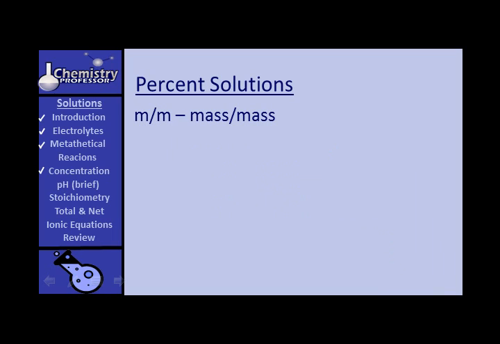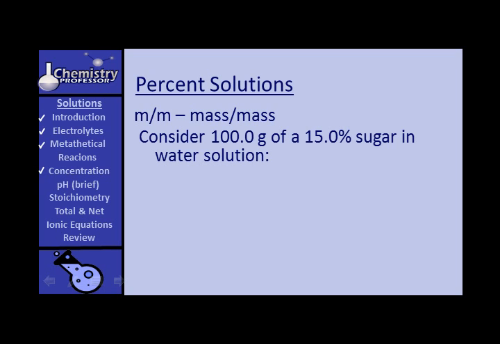Let's start with the mass-mass solution. The easiest way to tell you about this is to give you an example. Suppose you have 100 grams of a 15% sugar in water solution. How much sugar do we have?